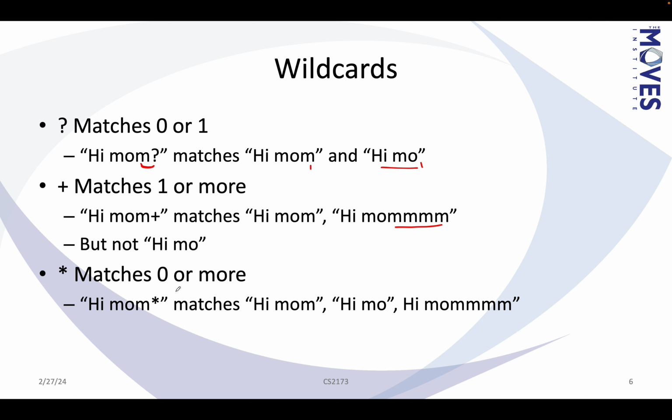And then star, which you've all used and are used to, will match 0 or more. So hi mom star basically will match any of these, and the star in this case refers to the M. So 0 or more M's. It'll match this because there's 1, it'll match this because there's 0, and it'll match this because there's more than 1.